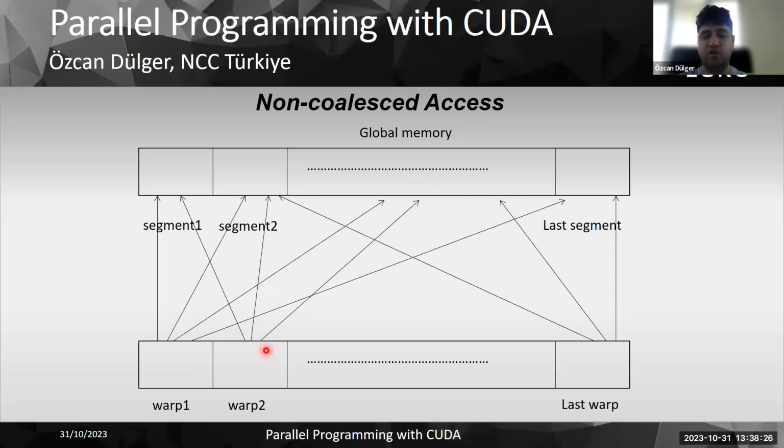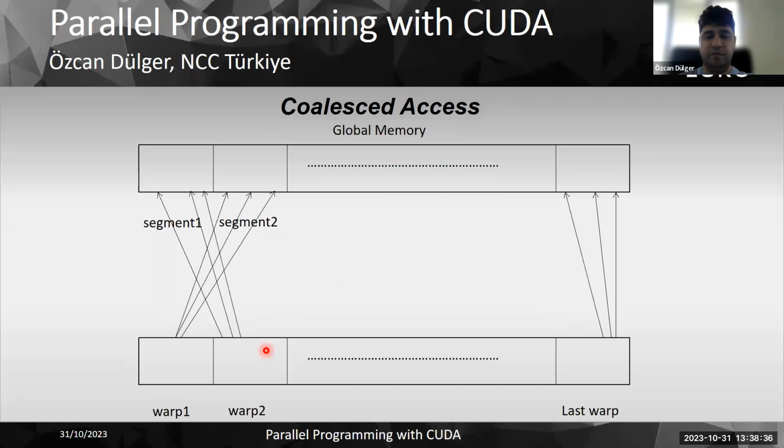So these operations become serial, and the execution time is affected adversely because of this approach. So how can we solve this problem? If we force the threads in the warp to access the same segment, we can overcome this problem. So all of the read operations will take only one transaction. As you see, the threads in the warp access the same segment.